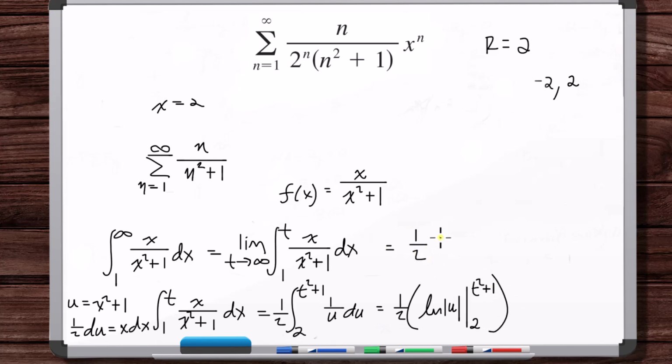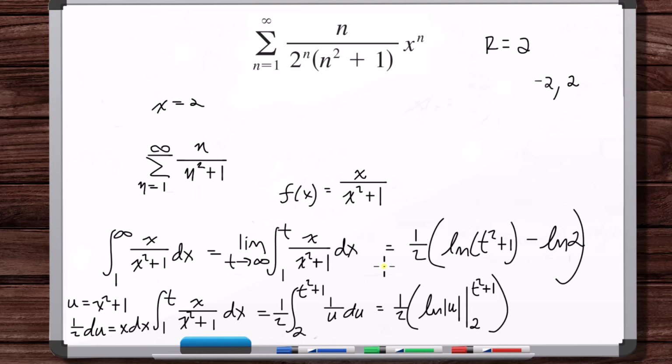Okay, so t squared plus 1, that's always going to be positive because we're going from 1 to infinity. But it wouldn't matter either way. So we've got minus natural log of 2.